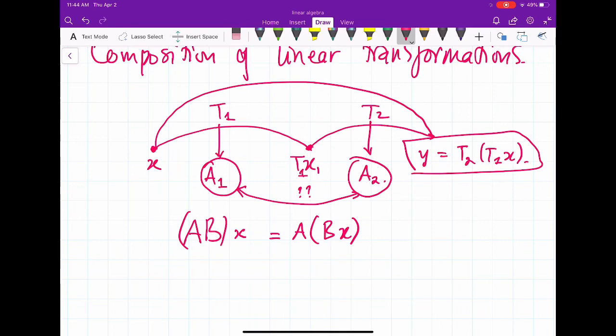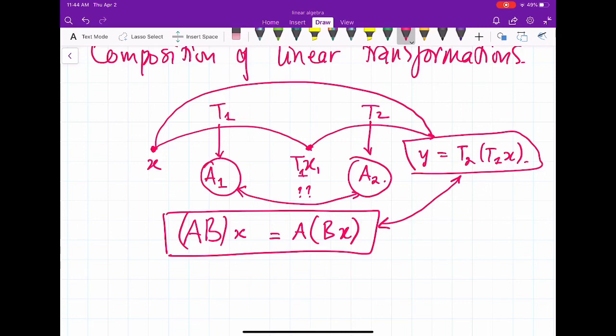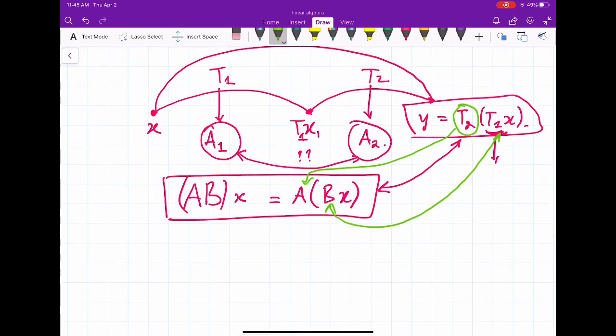That is just A(Bx). Make sense? So if you compare this form and this form, you would think, all right, so for T1(x), I would have B right here, right? Make sense? And for T2 right here, that is corresponding to A. So if you want to use a matrix product to realize the composition of two linear transformations, you would do the following product. We write product A, right?